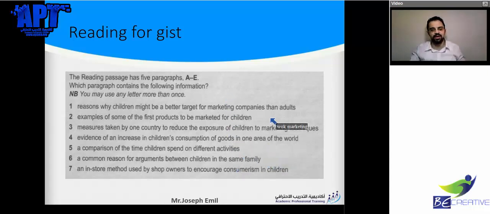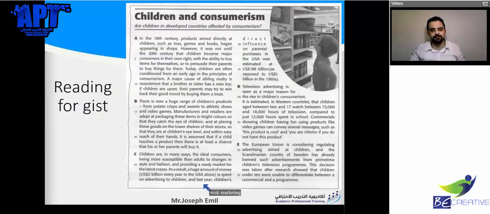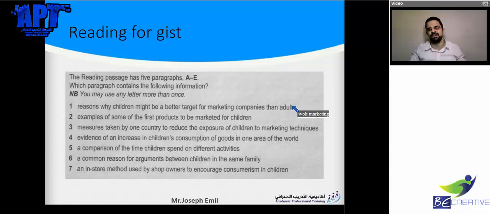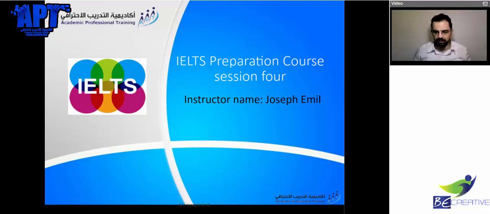Here we have certain ideas, and these ideas are present somewhere in this text, which means that you will need to find something that matches these ideas, not necessarily literally, okay, not word by word. Right.